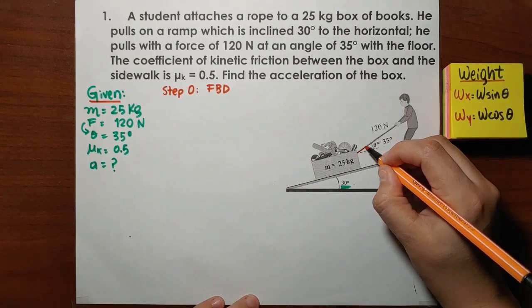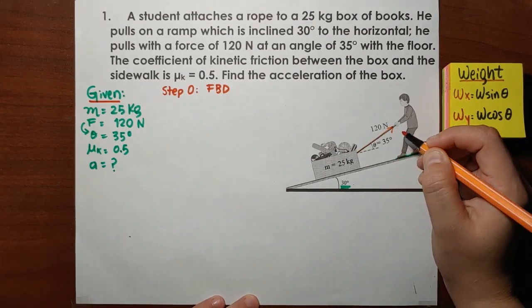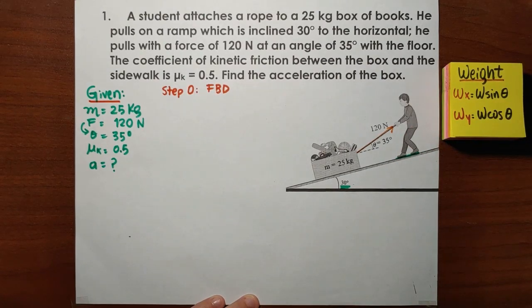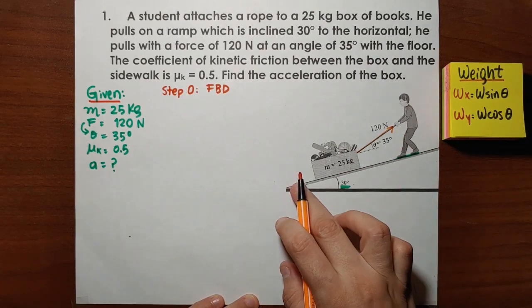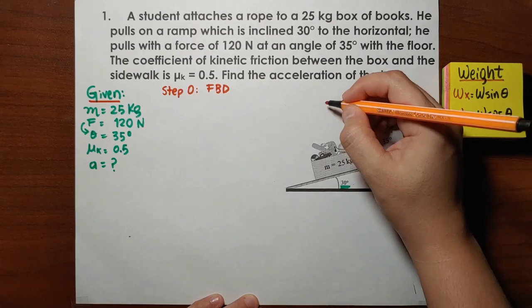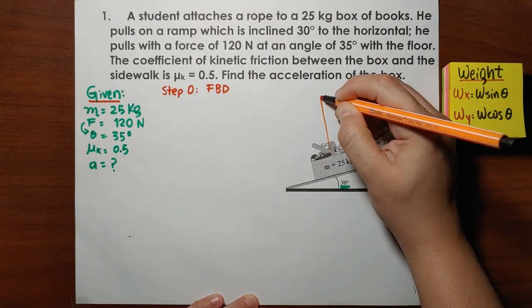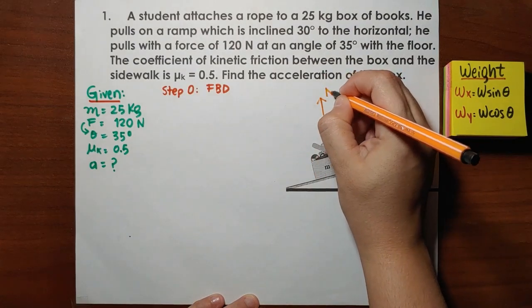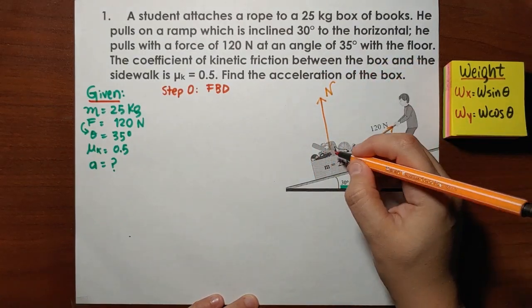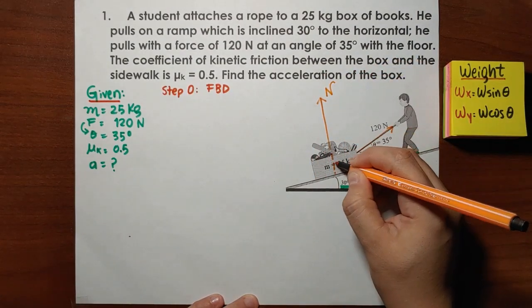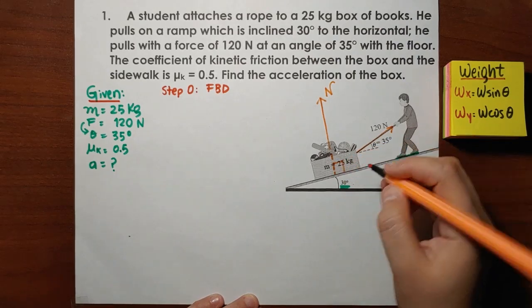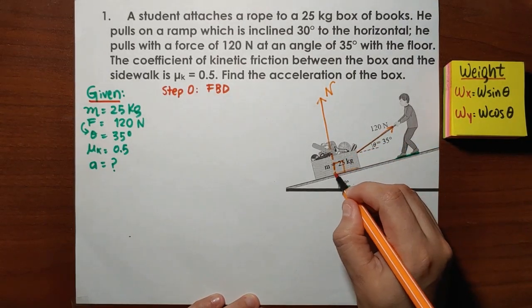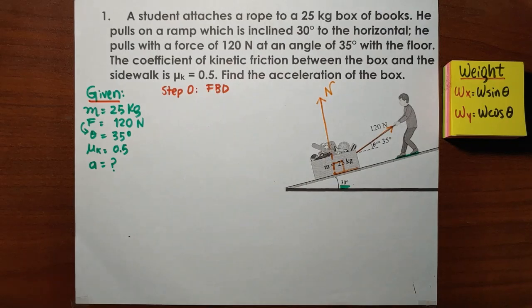We have a force of 120 Newton. We have a surface, therefore we have a normal. This is the normal force, and this normal force is always located at 90 degrees from the surface, okay? That is one condition that must be accomplished.